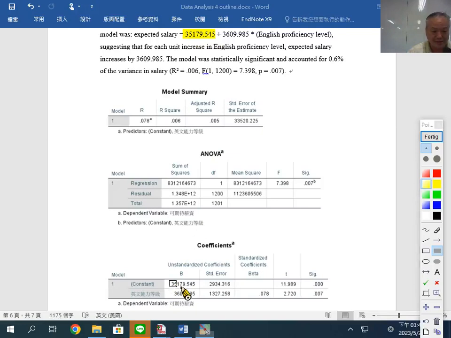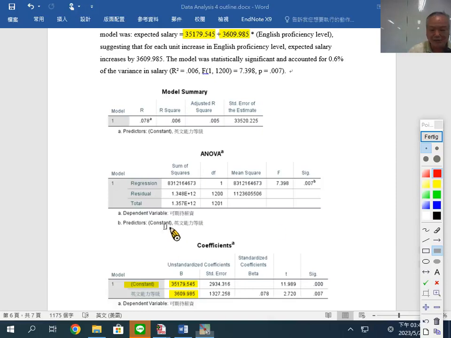And here, beta, B value. This is beta, standardized coefficient. This is unstandardized B, but it's okay, we just call it B. And this refers to the constant. So look here, constant. And the other one is 3609, and did you see this refers to 3609, right?